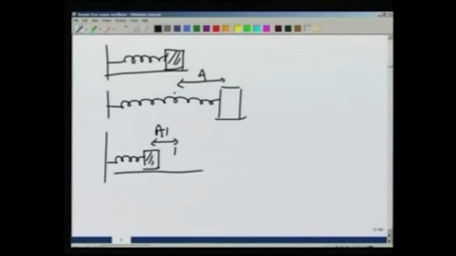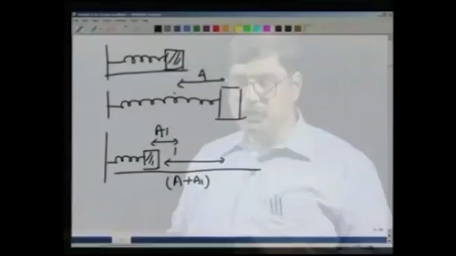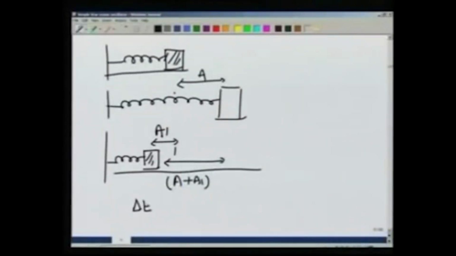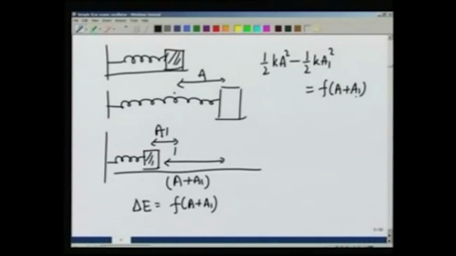So, after releasing, it would have travelled a distance of a plus a1, and during this time the energy it will lose due to friction is delta E, which is equal to F times a plus a1. Therefore, the initial energy, which was 1/2 k a square, minus the final energy, which is 1/2 k a1 square, should be equal to F times a plus a1, and that gives you that a minus a1, you can work out the algebra, is going to be 2f over k.